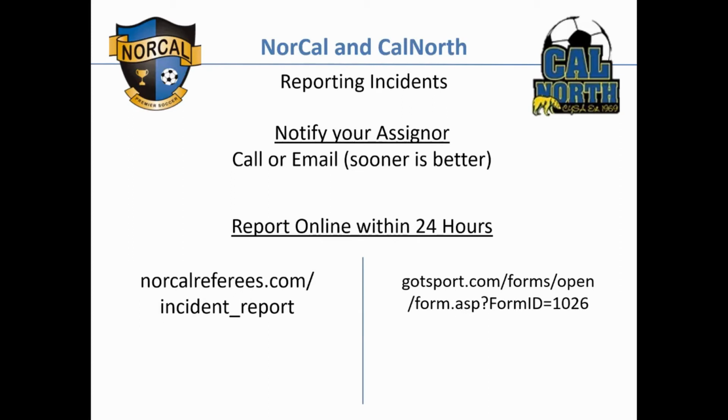For that one, you do not need the information for your assistant referees. All I need to know is who you are, your email address, and your phone number. If I have a question, I'll come back to you. So those are the 2 reports that we have for NorCal. That's all I have on this one.